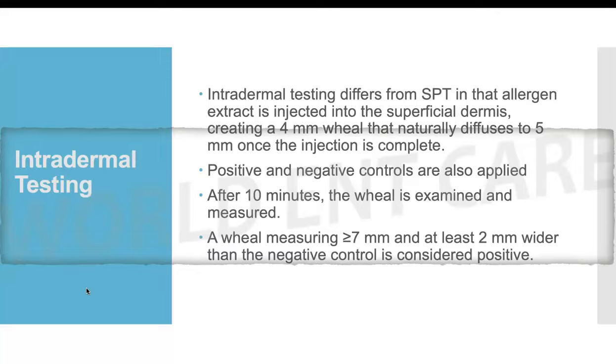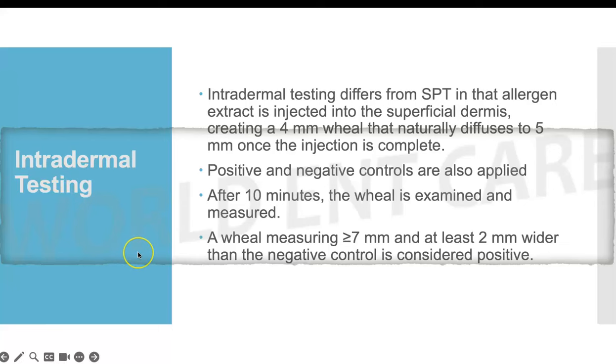The pain is more in intradermal. If you have not experienced this test, or have not seen it, it is like how you give a test dose for antibiotics. That sort of pain will be there. Whereas in skin prick test, the pricking is very superficial. It's like an ant bite. It's very little.